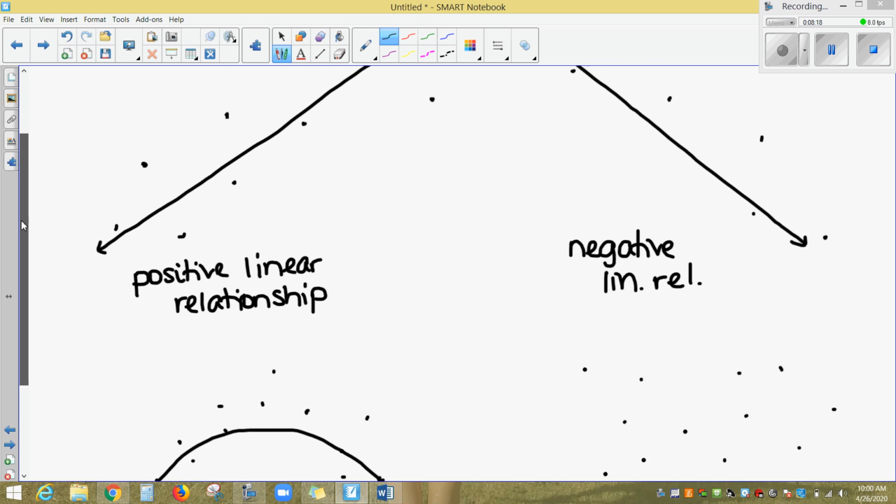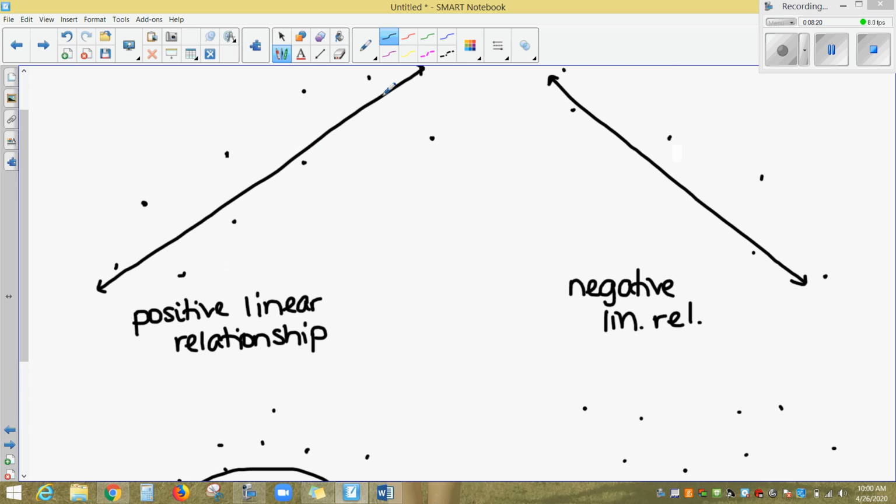So if our scattered dots go up from left to right, and again, not make a perfectly straight line, but sort of go in that direction, then we say it has a positive linear relationship. It looks like it might. If those dots go down, again, not in a perfectly straight line, but sort of in a linear blob, we say, well, it looks like they might have a negative linear relationship.